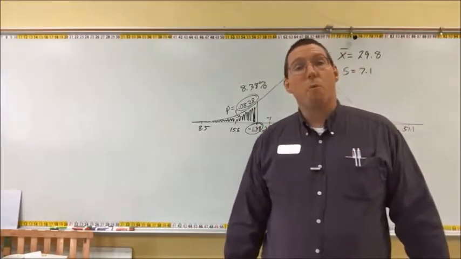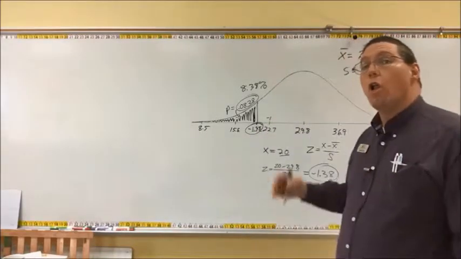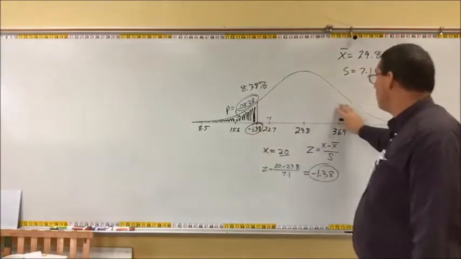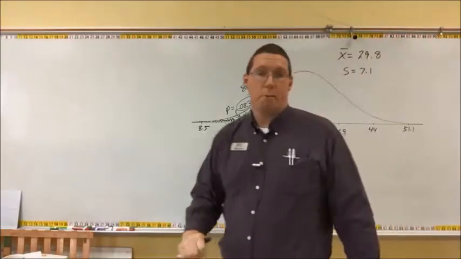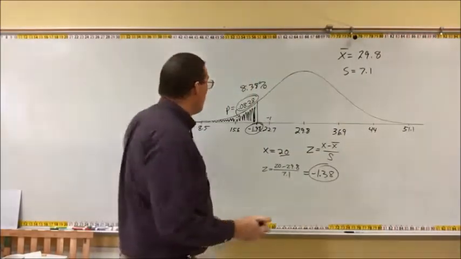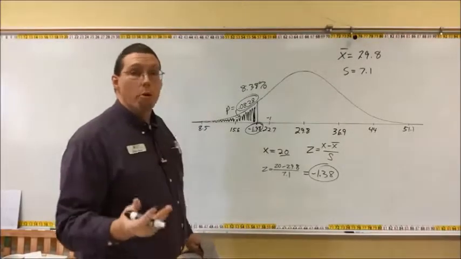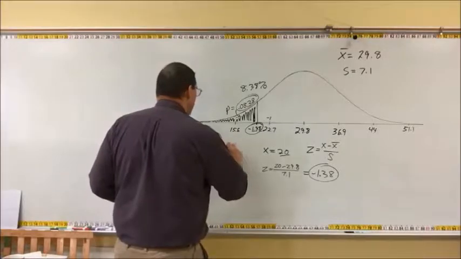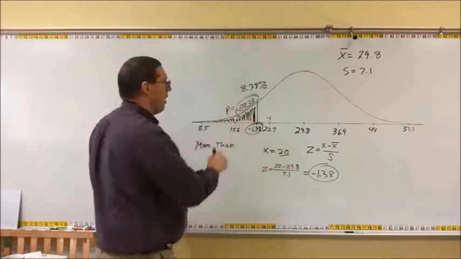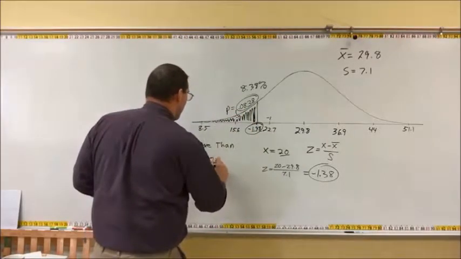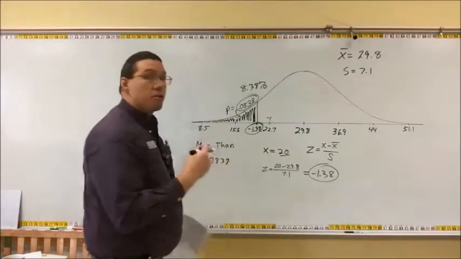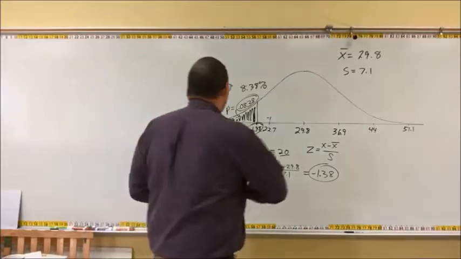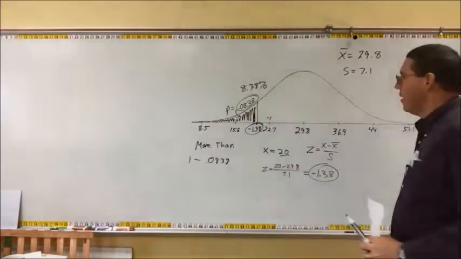Now what if we were to say, well, what proportion is larger? What about over here? What proportion is larger than negative 1.38? More than negative 1.38? Well, remember, what we said was this: if you want a more than proportion, you have to take the p-value from the table, 0.0838, and you have to subtract it from 1, because the whole curve is 1.